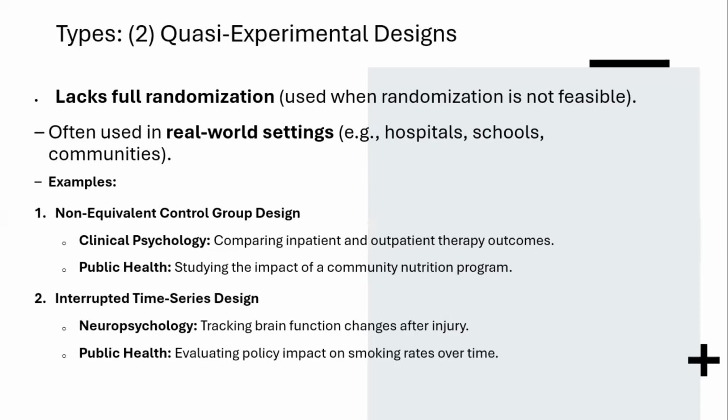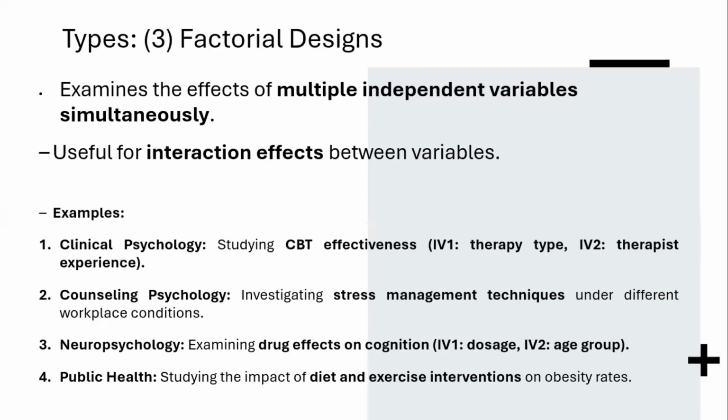Okay. All right. Now, the third type of experiment is what we call factorial designs. Factorial designs means that, unlike the experiments that we've been discussing so far, where you have one independent variable that you are manipulating, in real-world situations you may be working with 2 or 3 or 4 independent variables at the same time.